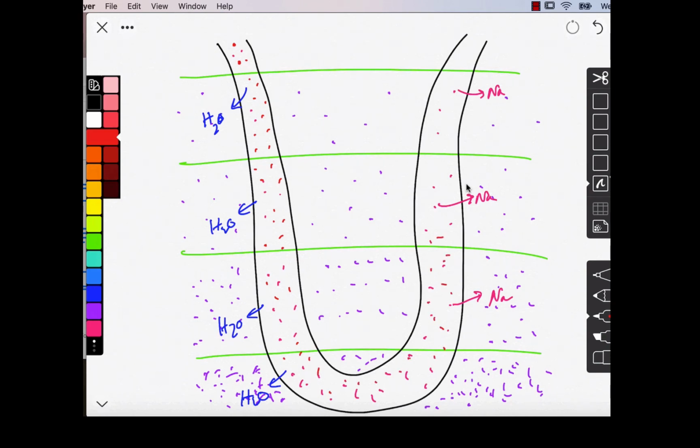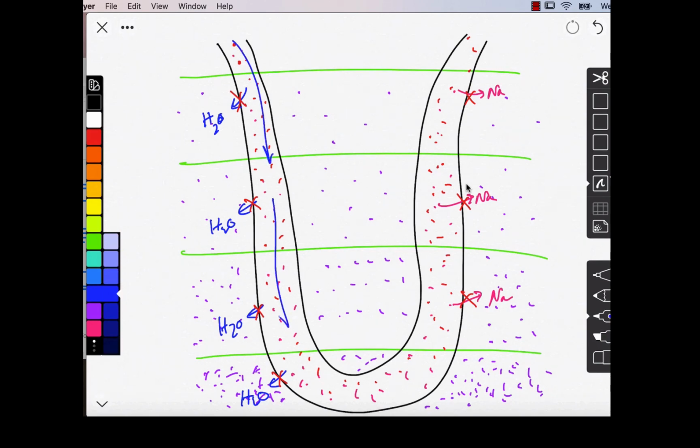In this case, what happens is we've got such a high osmolarity inside of that tube that it's not going to draw the water out anymore, and it's not going to draw the salt out anymore. It's basically going to keep the fluid within this tube. And by keeping the fluid within this tube, that means that fluid is sort of destined for the toilet.